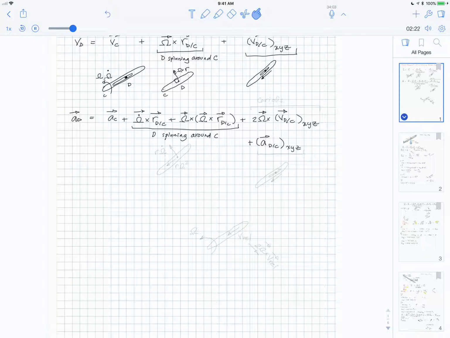And so what you need to remember from what we did in class, I had that popsicle stick. There's an acceleration coming in of R omega squared, and there's an acceleration going that way of R times alpha, but instead of alpha, we're saying omega dot, but it's the same thing. So that's what those two things are.